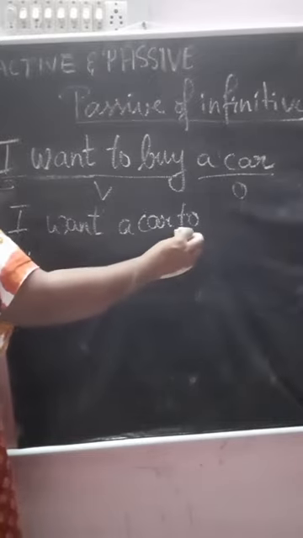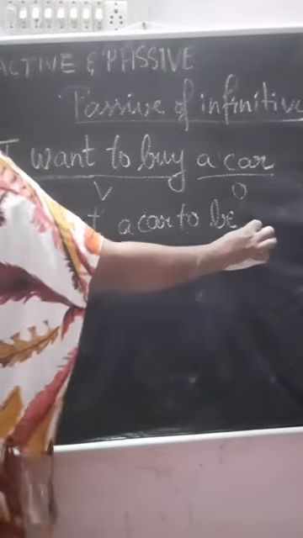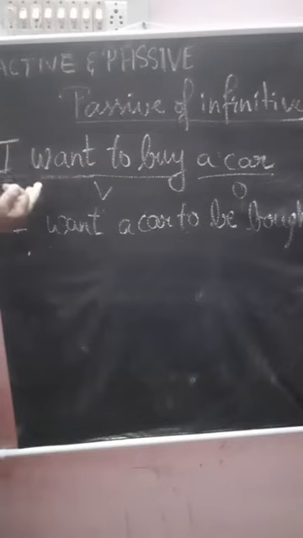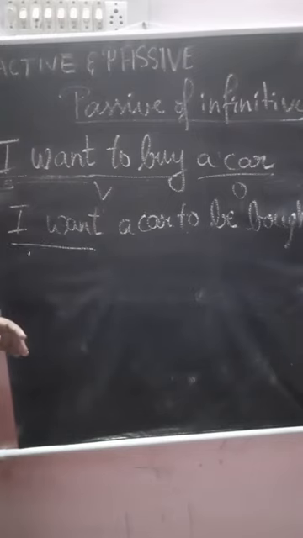So I want a car to be bought. That's all. There are always exceptions in grammar. In all grammars, there are exception sentences. I think now we are all following these examples. So when you see a main verb followed by an infinitive, we have to use this part as it is.